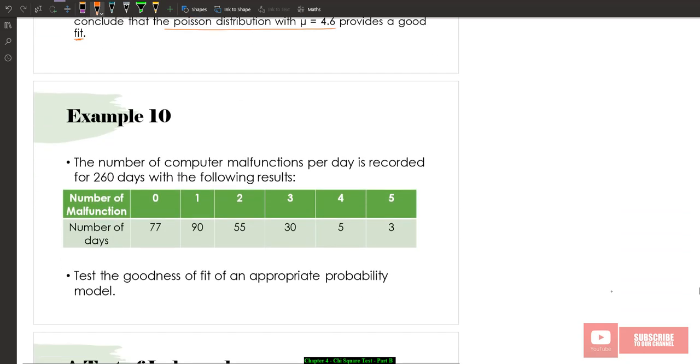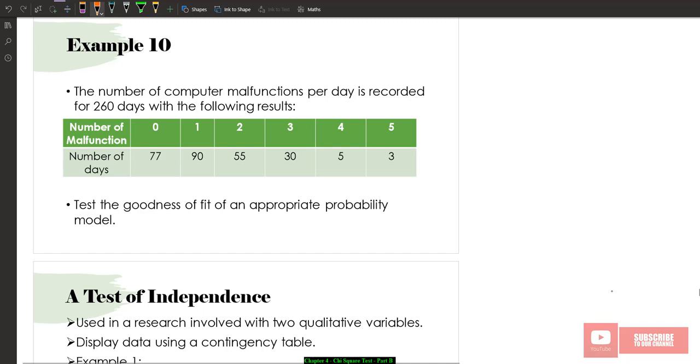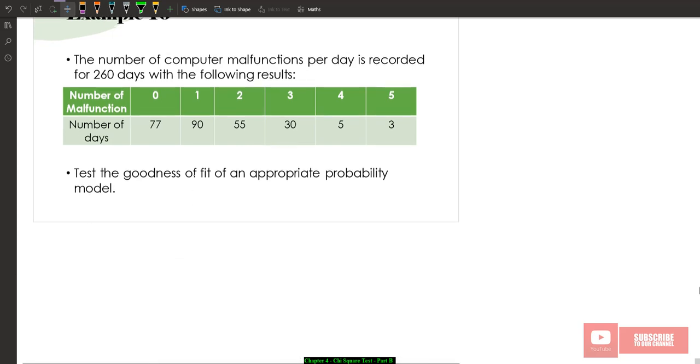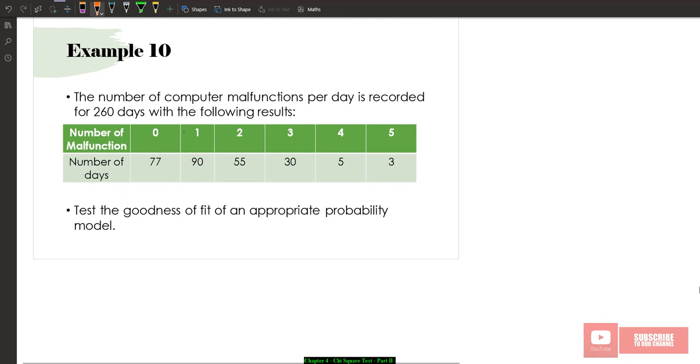Now, by looking at those steps, let's look at example number 10. In example number 10, it's the same procedure. The number of computer malfunctions per day is recorded for 260 days with the following result. The number of malfunctions is from 0 until 5.